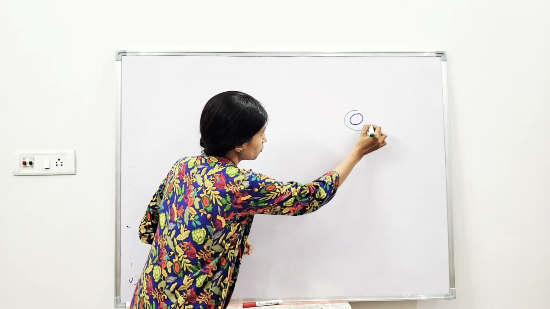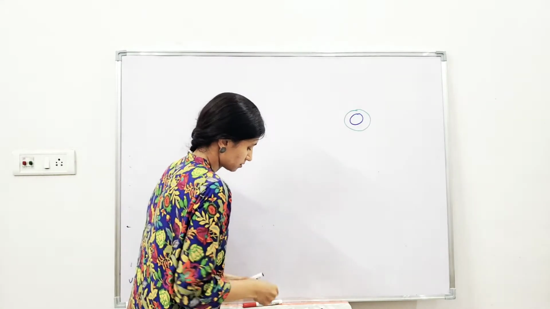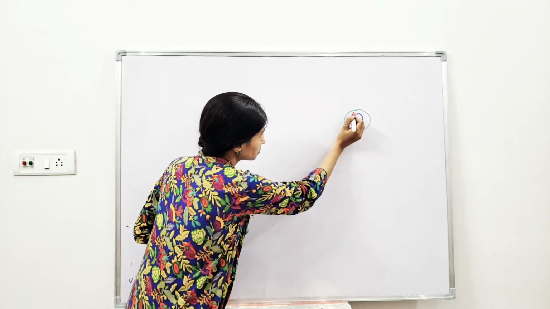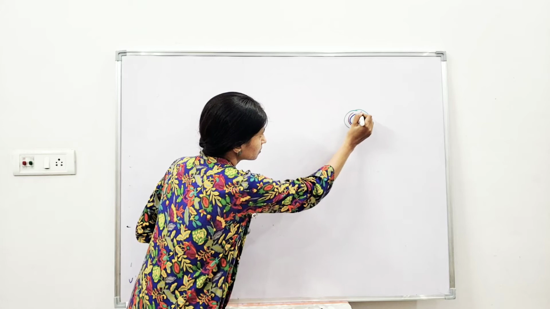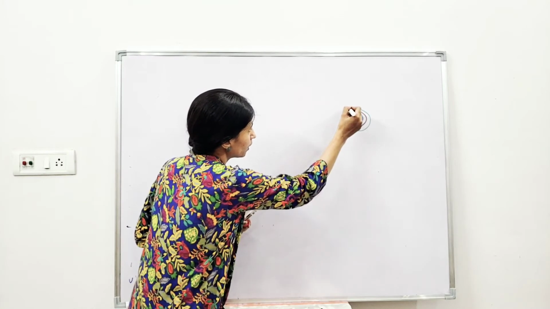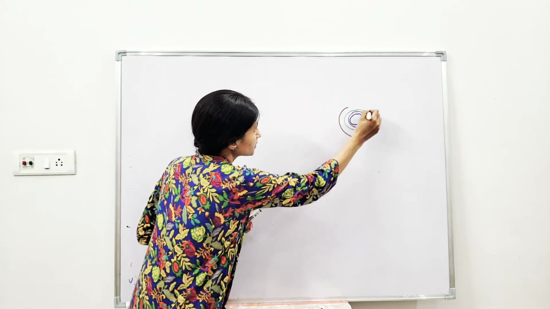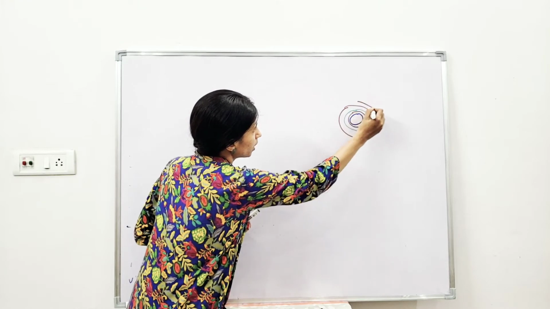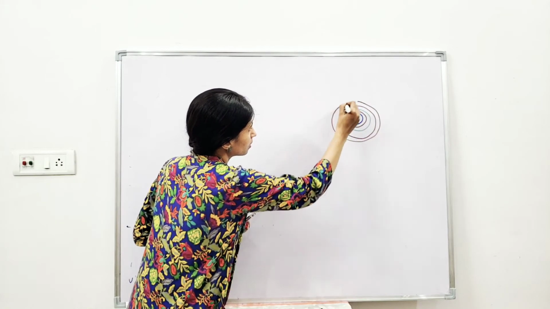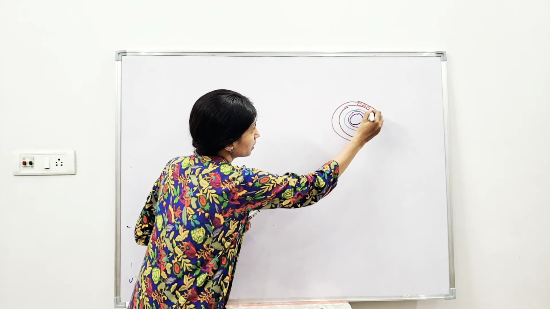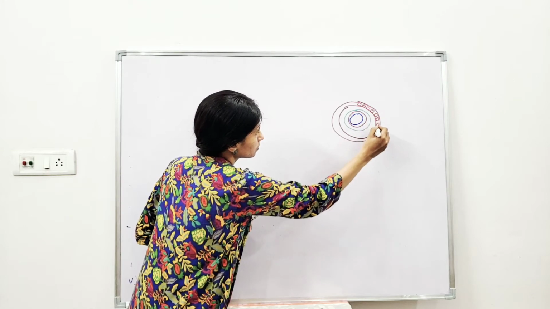Another layer comes up over here, one more layer over here. I'm just making this outside layer a double one, and I'll tell you later on why it is so.